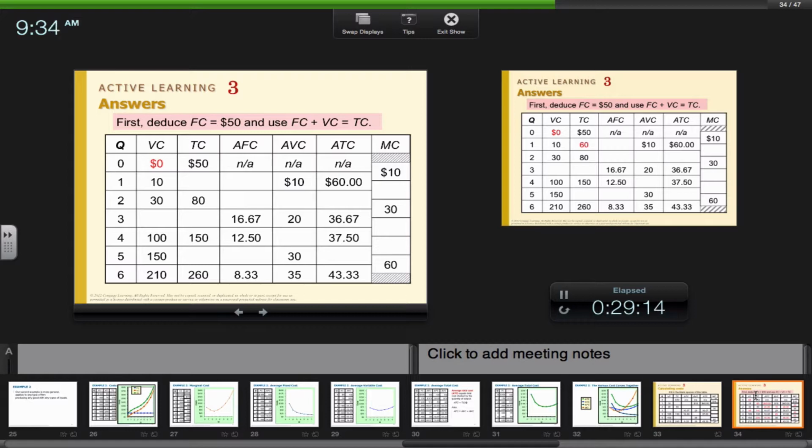So what's total cost at quantity 1? What do you suppose total cost at quantity 5 is? What should you do next?